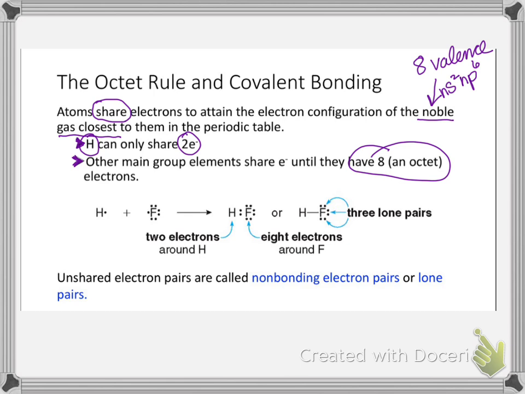Now, I want to mention here, there are some atoms that can have less or more than 8. These are exceptions. For our introductory course, we're going to focus on the main group elements that follow the octet rule.